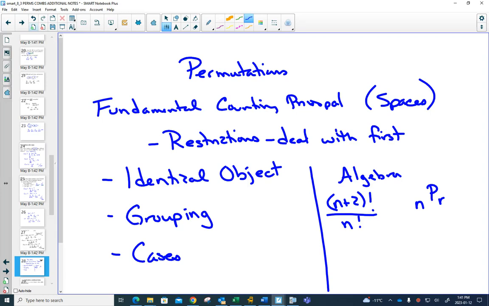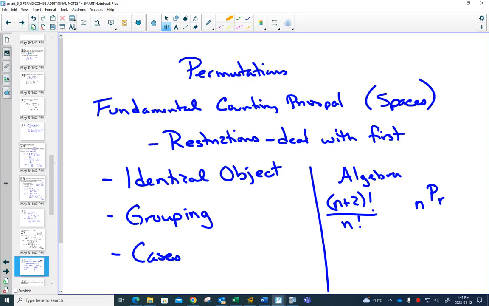But as far as word problems go, you have to decide, where does the word problem fit within these strategies? Is it just a spaces question? If it's a spaces question, what are my decisions? What amount of choices do I have for each of those decisions? Do I have a restriction? If I have a restriction, I need to deal with that first.